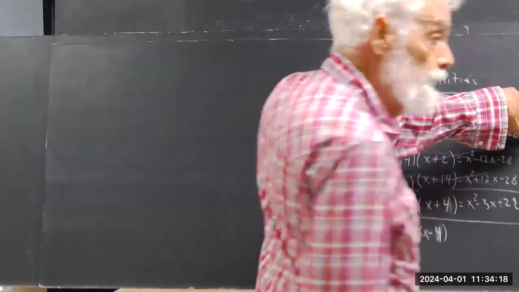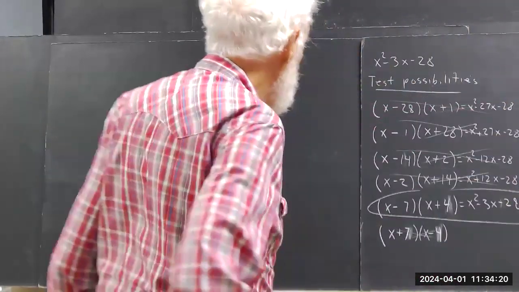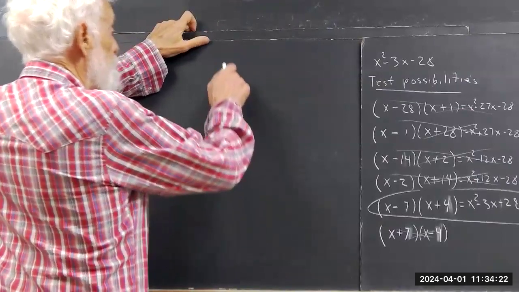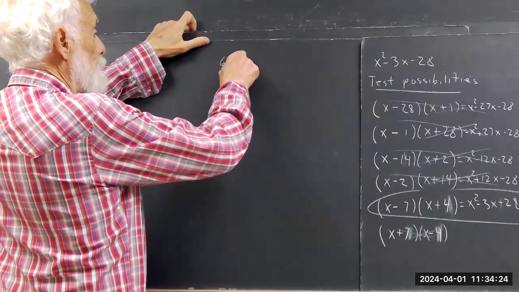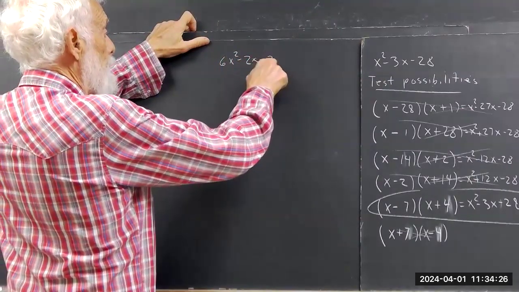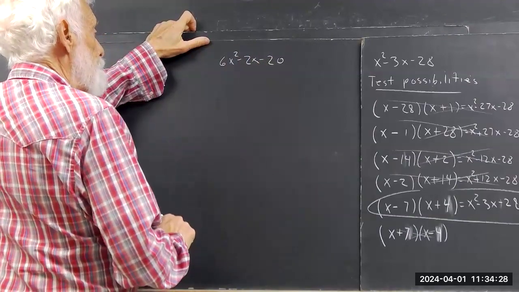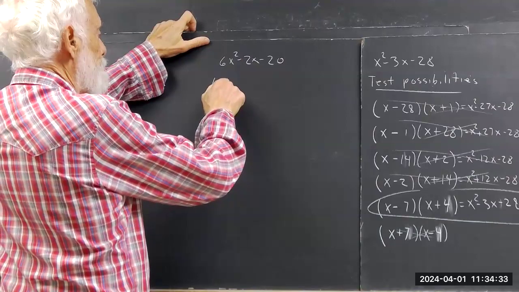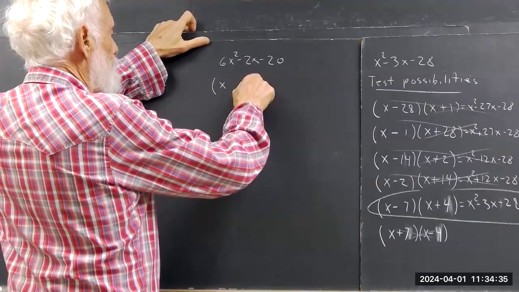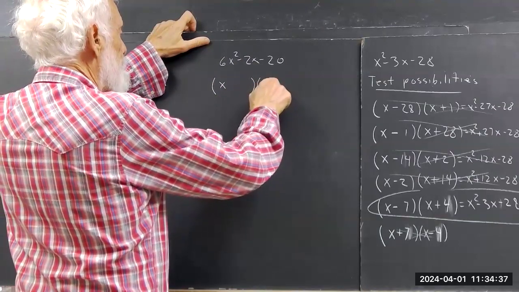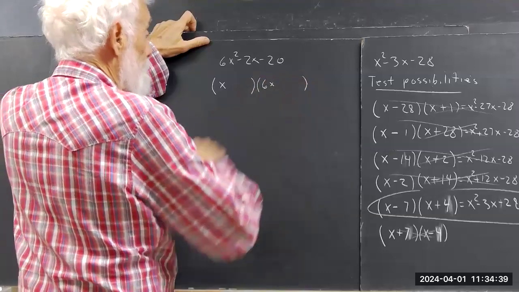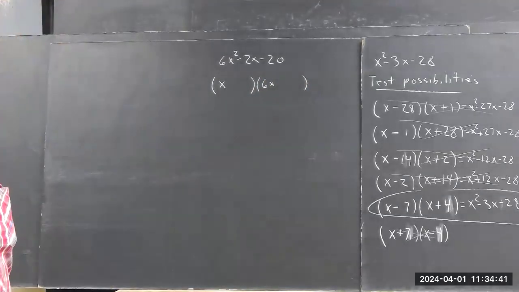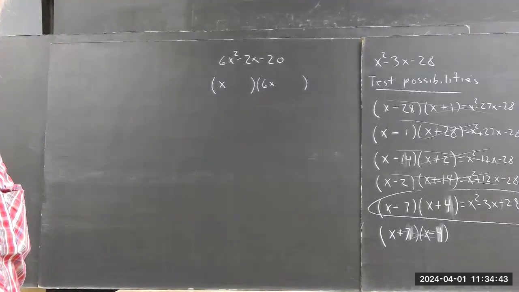Okay. Now, this is one we actually did in class last time. 6x squared minus 2x minus 20. Now, that could be x here and a 6x here. Okay, that might possibly work.